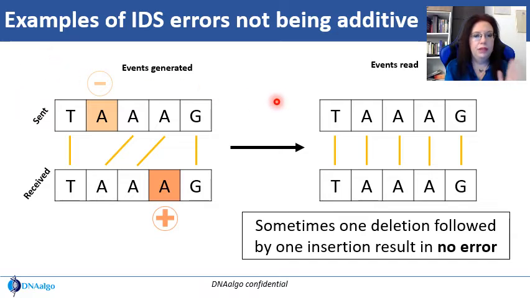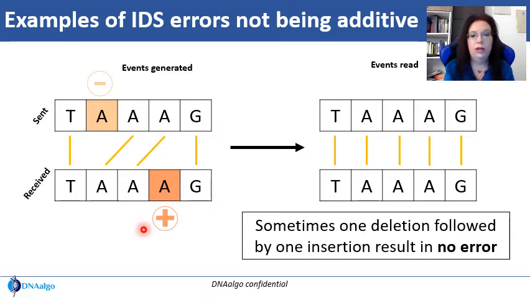So on the left-hand side is what actually occurred, so the events that have been generated. And then on the right-hand side, we have the events that have been read. So we have a first string, which is T, A, and G, and then some error occurred. So at the end, this is what we received. But the kind of errors that actually happened is that an A has been deleted, and then an A has been inserted.